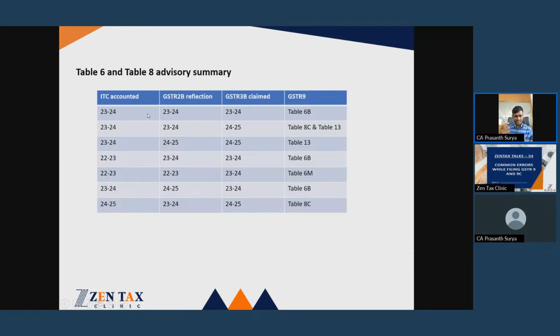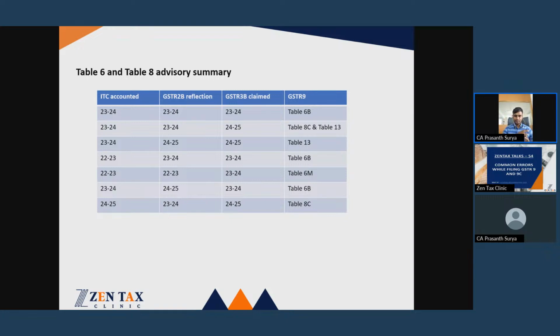Anyway, the PPT will be shared, but please take a screenshot of the table, because this compares three different activities: one is ITC accounted in our books of accounts, one is when it got reflected in GSTR2B, and when it was ultimately claimed in GSTR3B. So for different scenarios, a different reporting mechanism in GSTR9 is required.